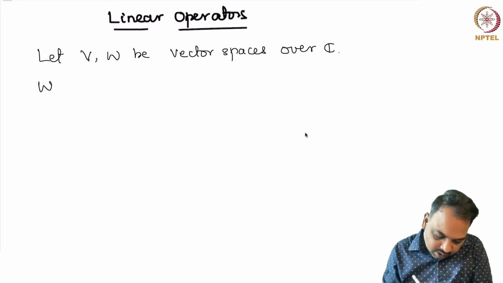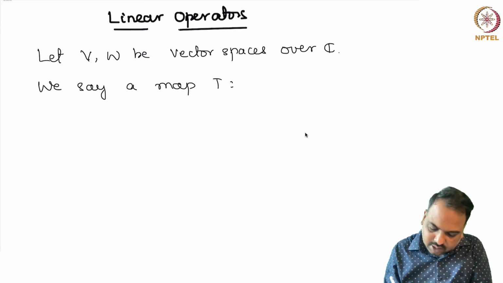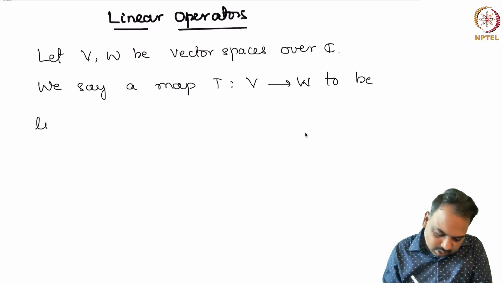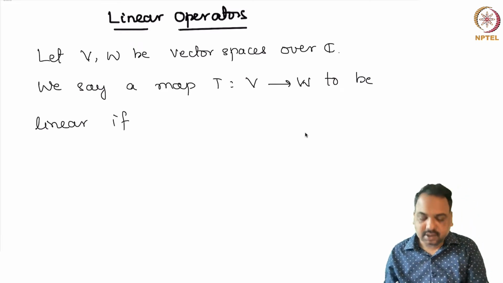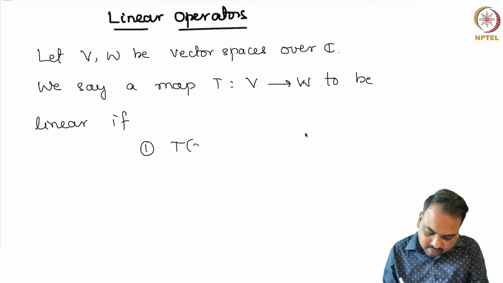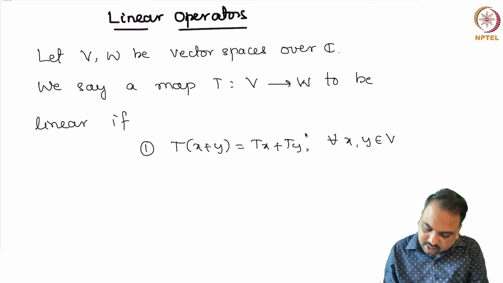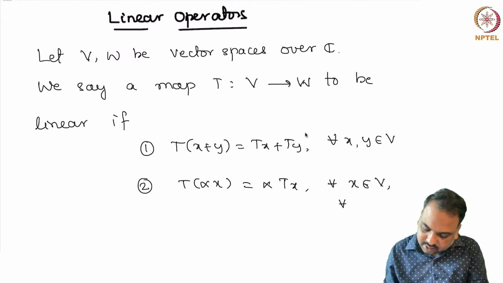So we say a map T from V to W is linear if the following conditions are satisfied. The first one is T of x plus y equals Tx plus Ty for every x, y in V, and the second one is T of alpha x equals alpha times Tx for every x in V and for every alpha in C.